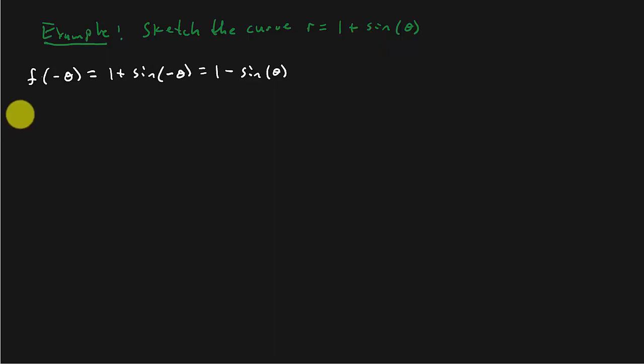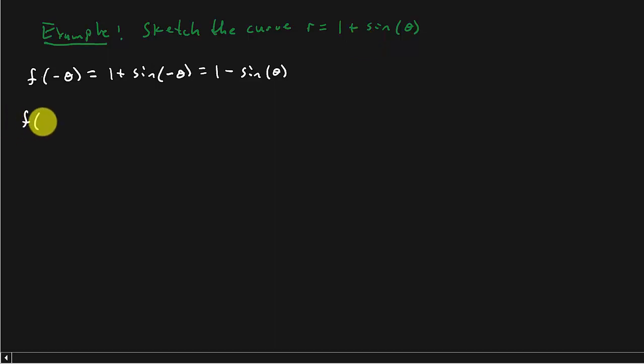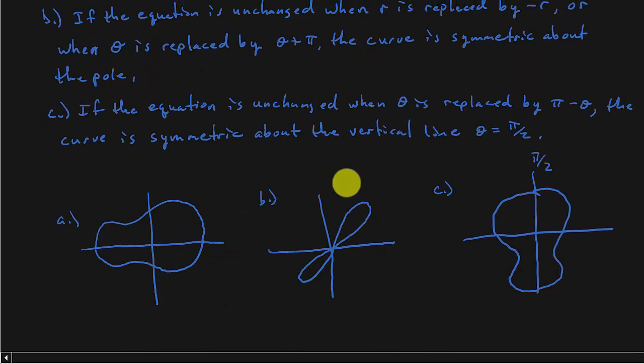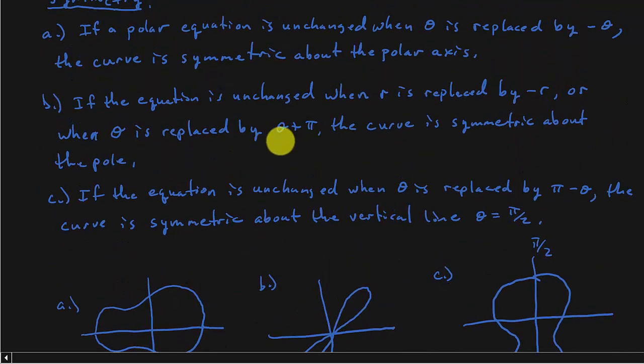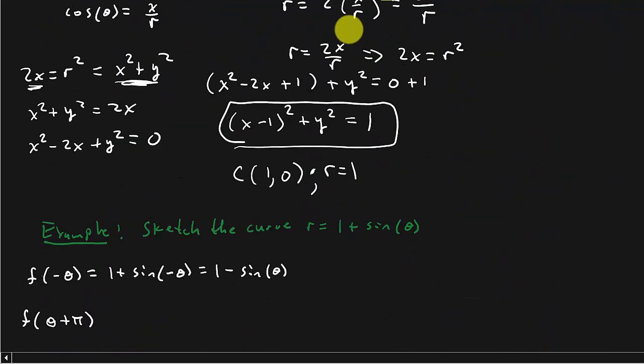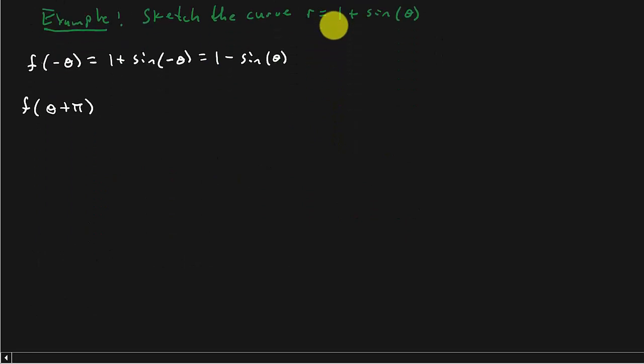Okay. So now let's look at this one. F of theta plus pi. We're doing this one right now, to see if it's symmetric about the pole. So this is equal to what? Well, this is 1 plus the sine of theta plus pi, which is equal to 1 plus.